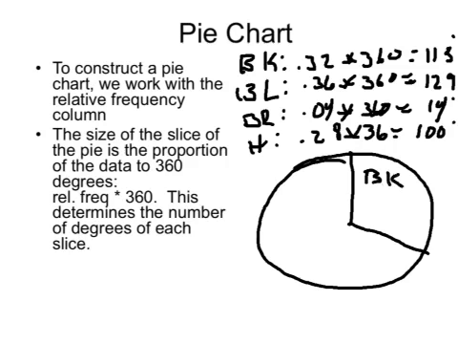For the blue, we get about 129 degrees. So that'll be about that much. And then, let's just jump down to the hazel, we get about 100 degrees. And then finally the last one is our brown. So this is constructing our pie chart for categorical data.